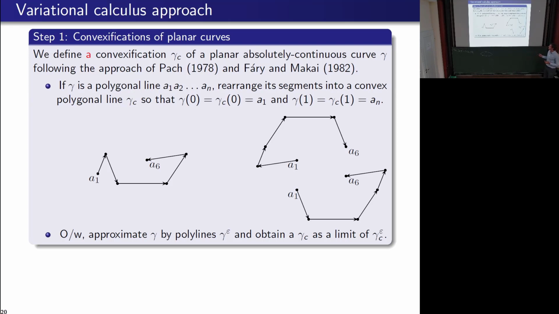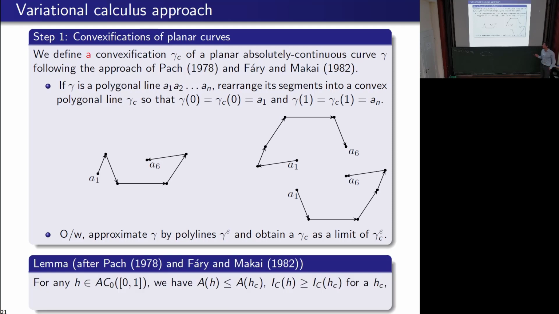You keep the lengths and obtain the boundary of a convex polygon, like in the picture. This is when you work with a polygonal line, and for arbitrary, in my case absolutely continuous, curves, we can do approximations.